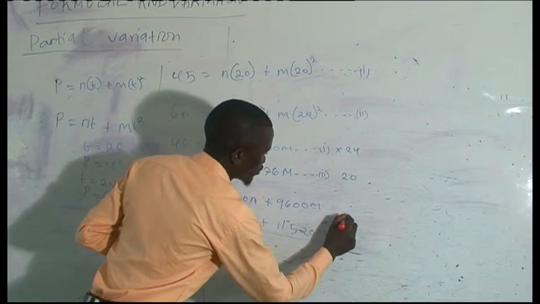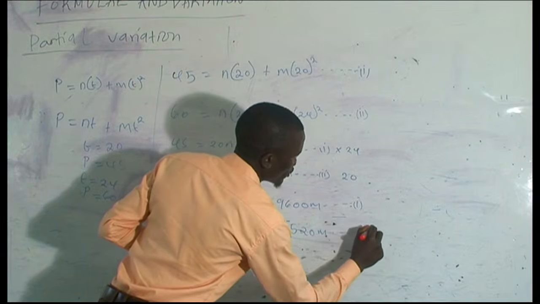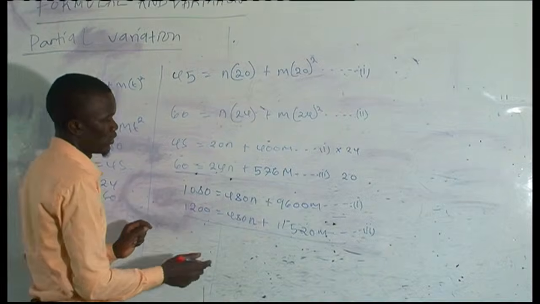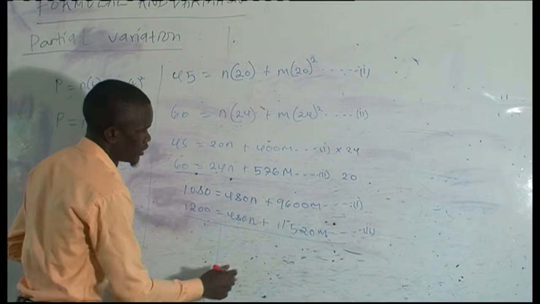We subtract equation 1 from equation 2, where 480n will cancel so that we remain with this.